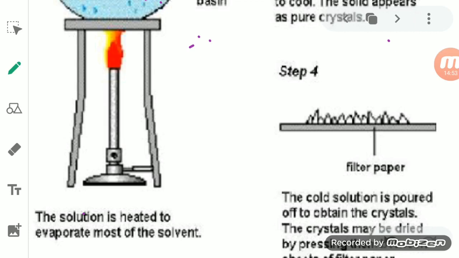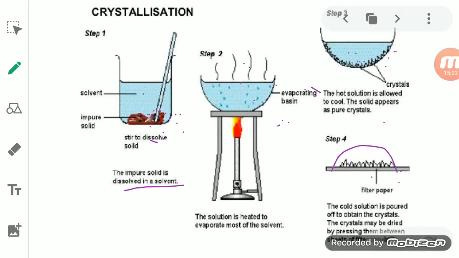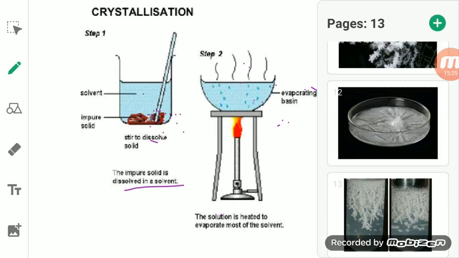The crystal will remain on the filter paper while the filtrate, consisting of the impurities, will pass through. The pure solid crystals on the filter paper are then dried, and you get the pure solid compound. By this process we can separate the solid component from the liquid one.